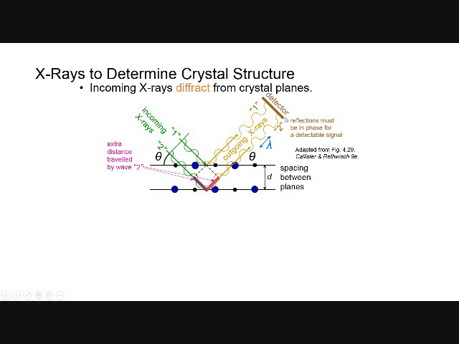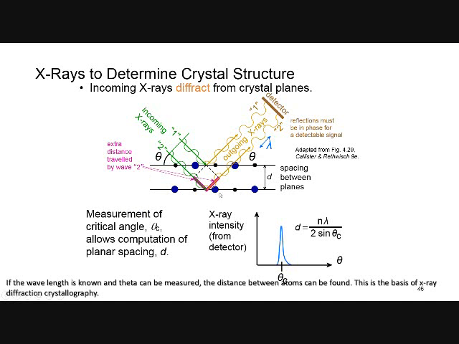If we can detect these two, and if these two waves are in phase, in the same position in their wave, then we can detect it. Then we will be able to relate the spacing between planes, shown by d here, to lambda, the wavelength of our ray, which is X-ray here.